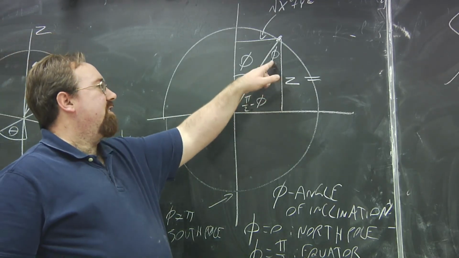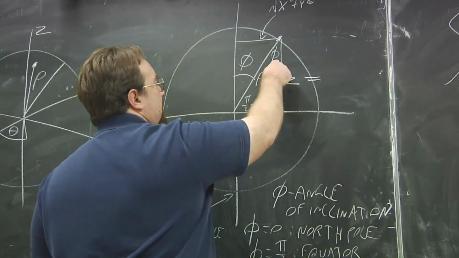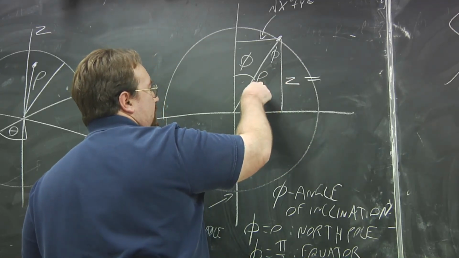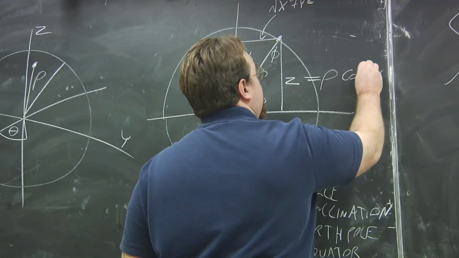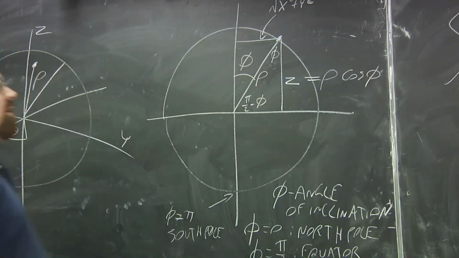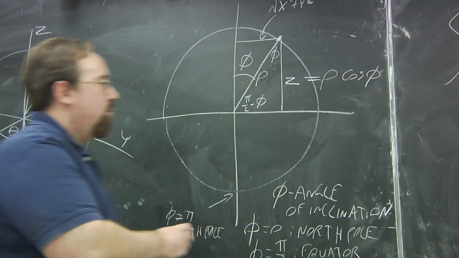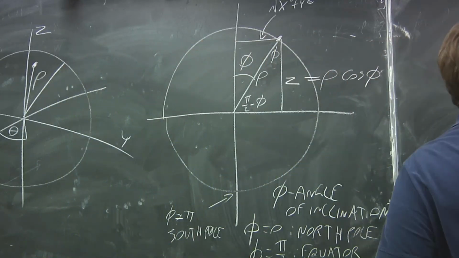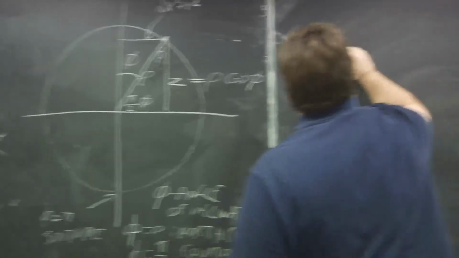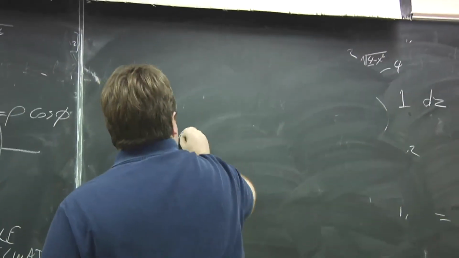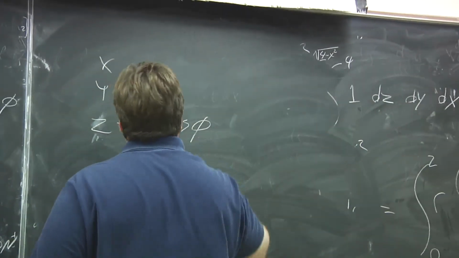Z is the adjacent side. So cosine phi is adjacent over hypotenuse. So therefore z itself is rho cosine phi. All right. So we have one Cartesian coordinate taken care of. We know what z is in terms of the spherical coordinates. So we want to nail down x and y.